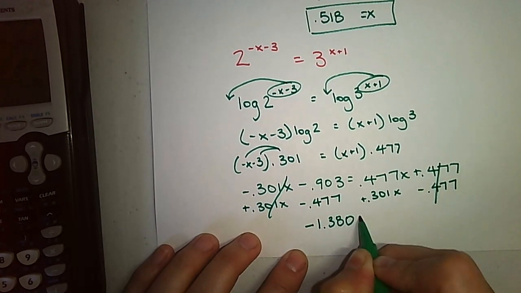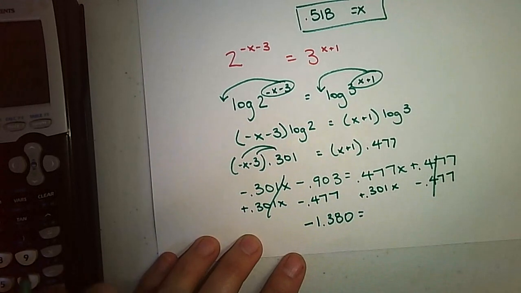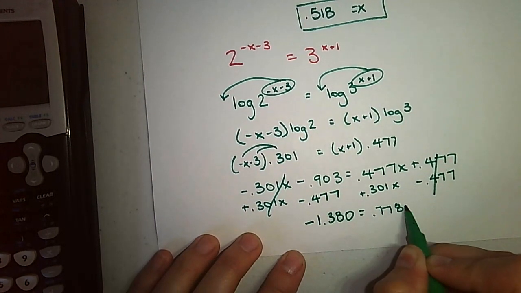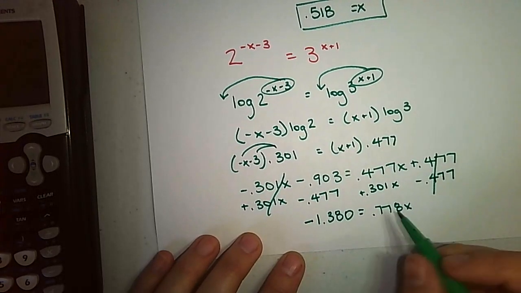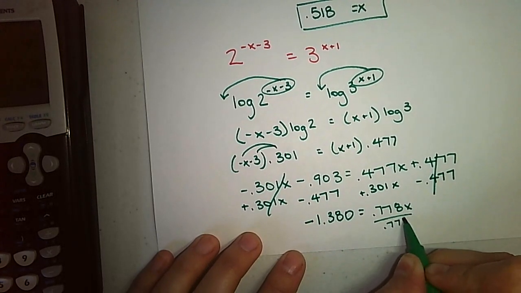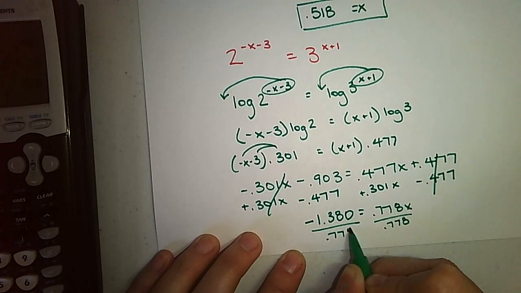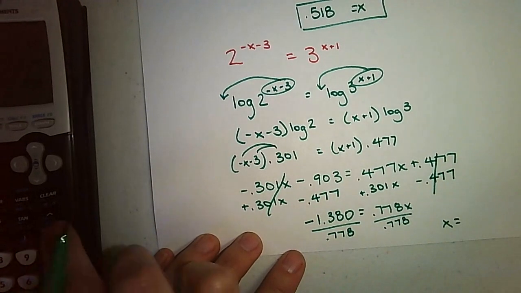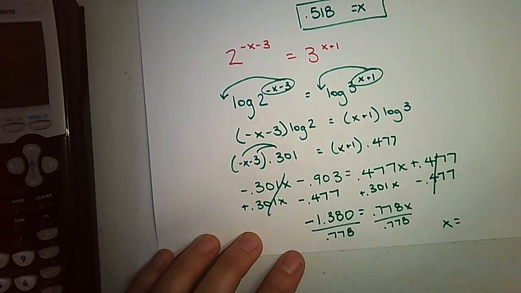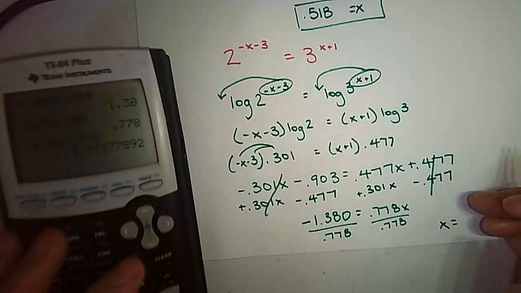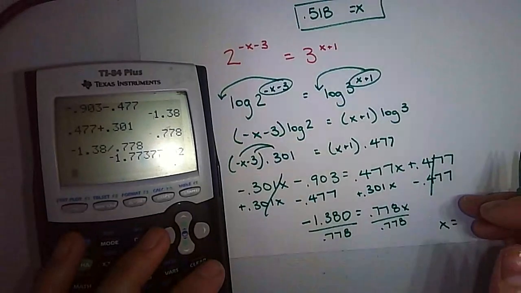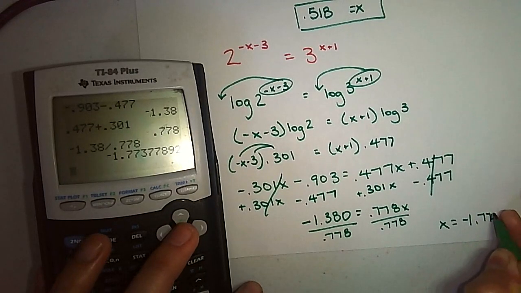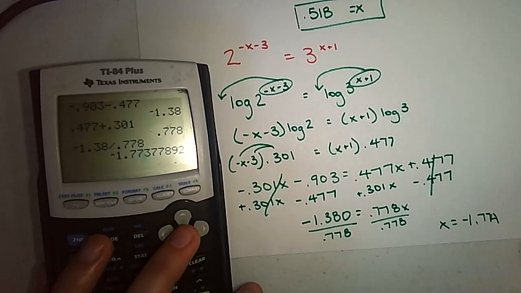And then my last step, I need to divide both sides by 0.778 to get my answer of negative 1.774 if I round to 3 decimals.